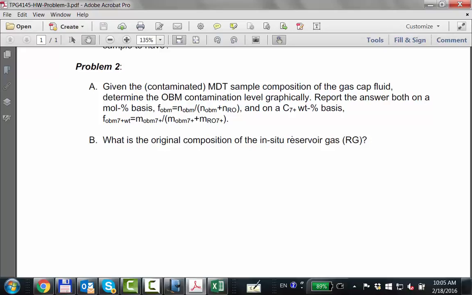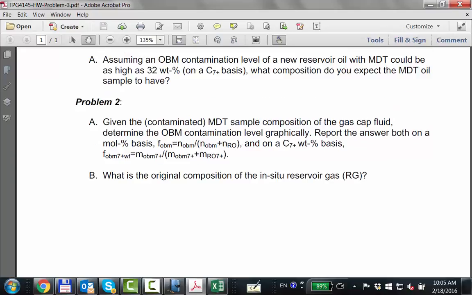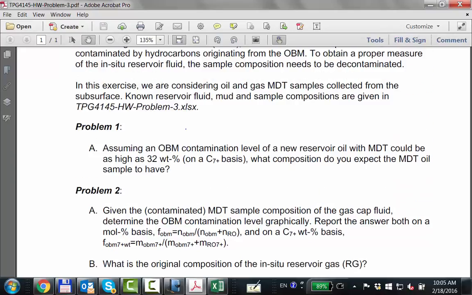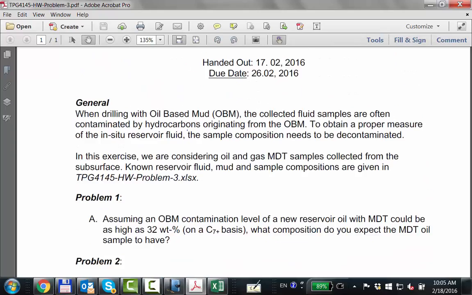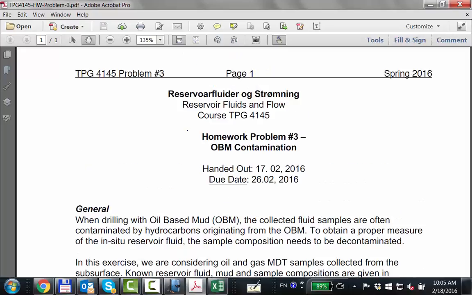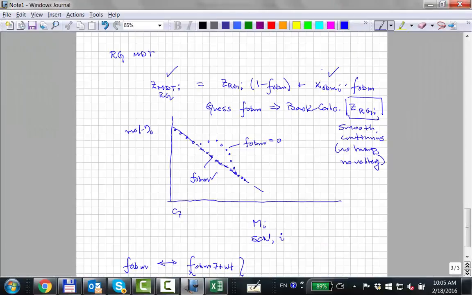And then you have to figure out how to get this weight percent C7 plus contamination level. All right, so that's all the tips and hints I'm going to give you. The rest you have to do yourself. And we'll take a break.